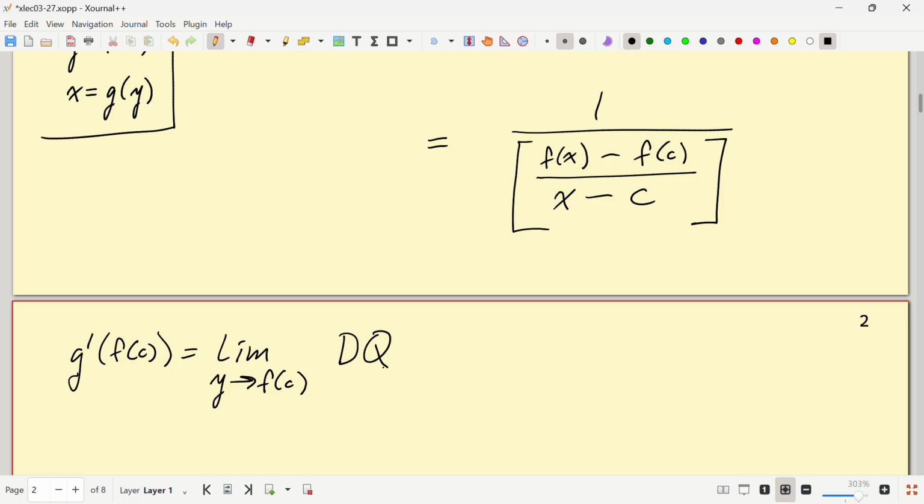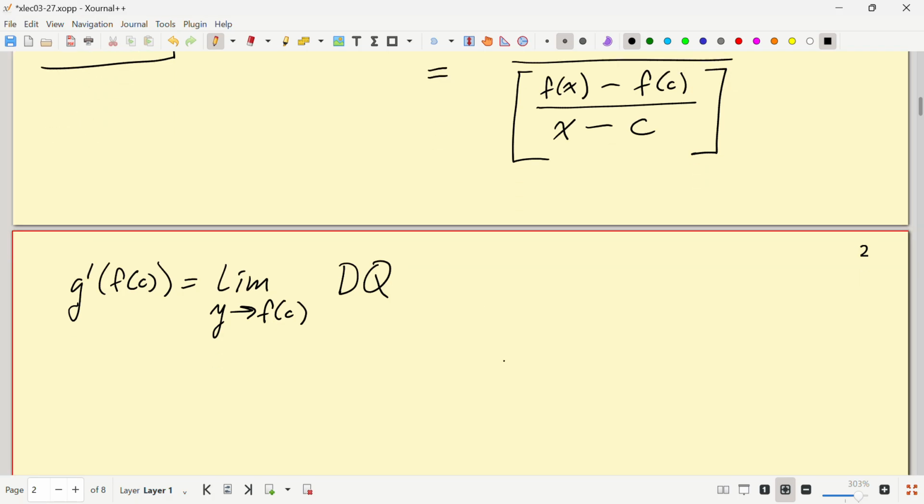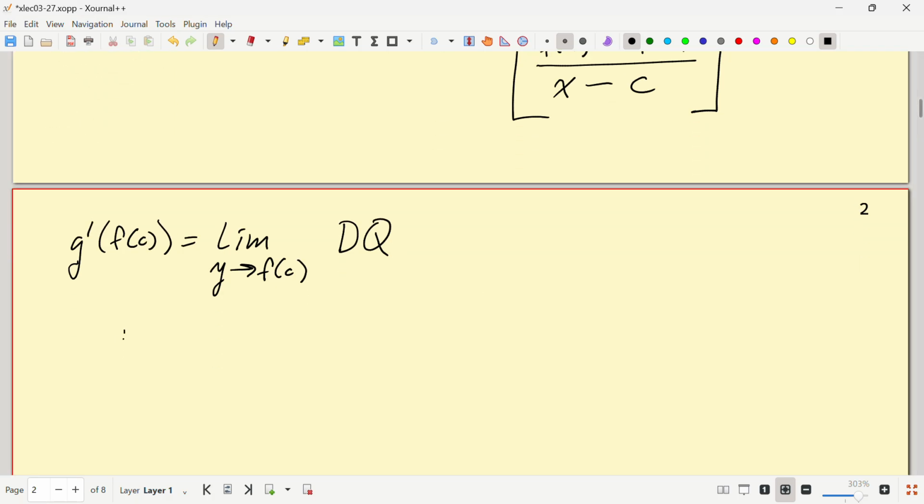Okay, but now I think about it. What do I know? I know that the inverse is continuous. So here are the things I know.